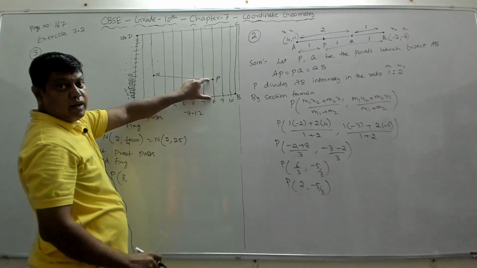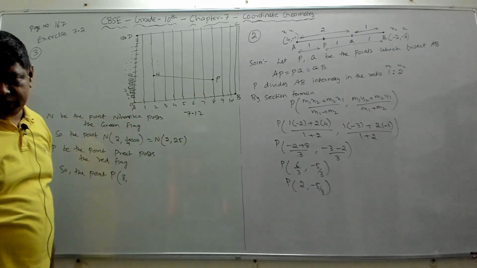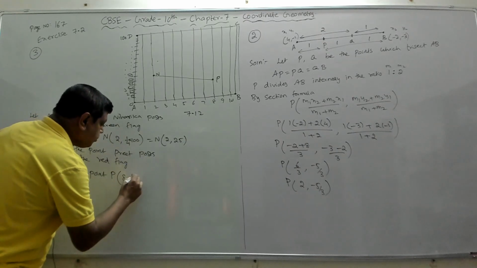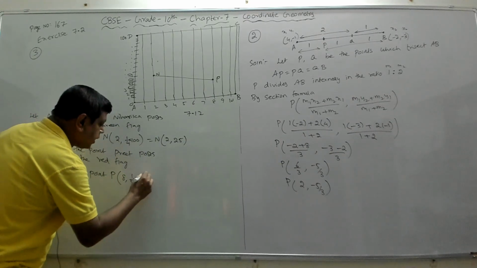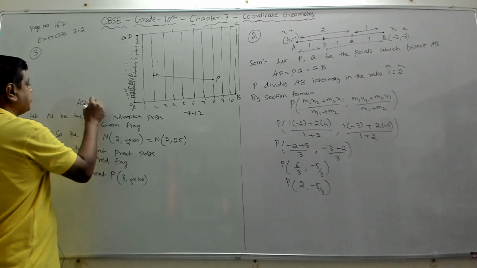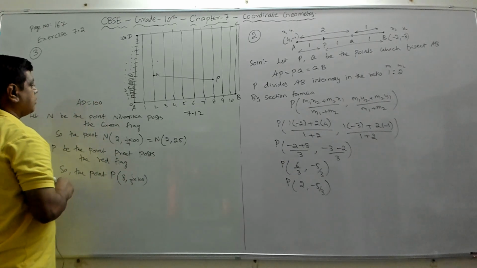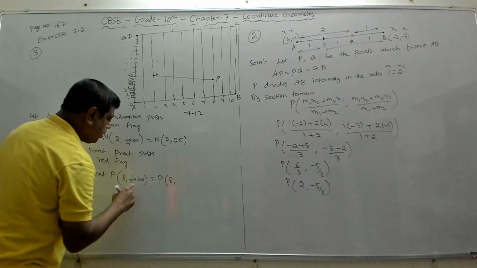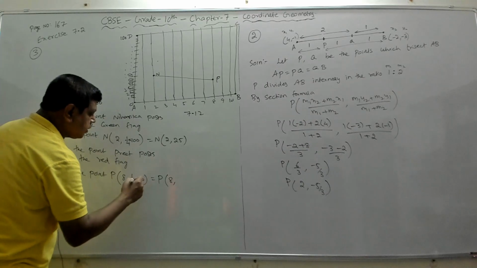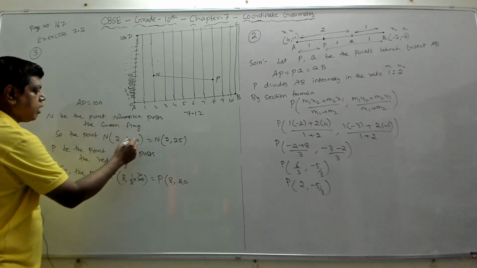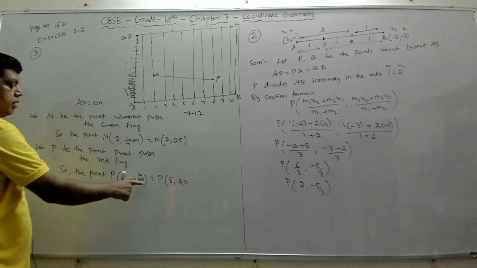This distance is given as 1 by 5th of AD. It says that Preet runs 1 by 5th of the distance AD. AD is 100. So now your point P becomes 8 comma 1/5 into 100. 100 by 4 is 25. 100 by 5 is 20.